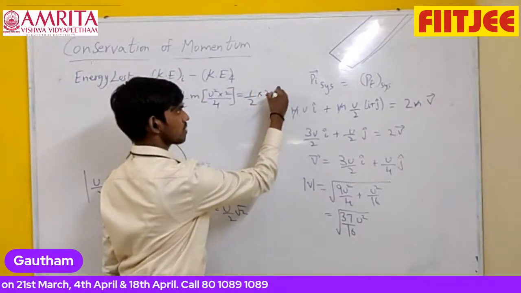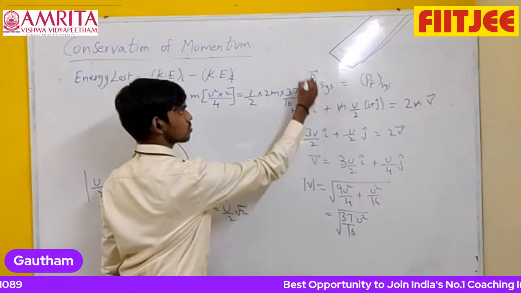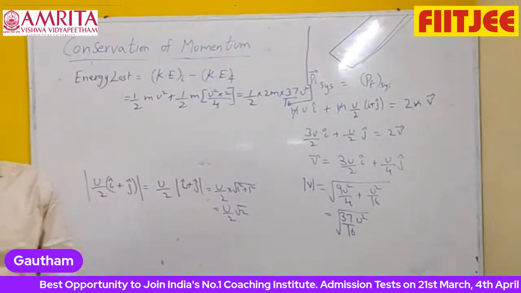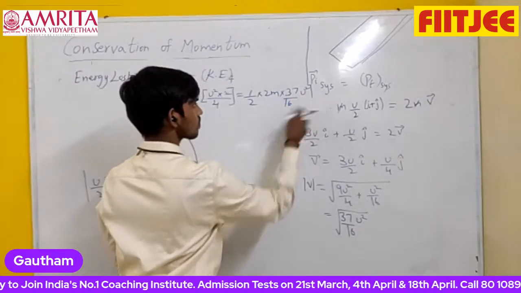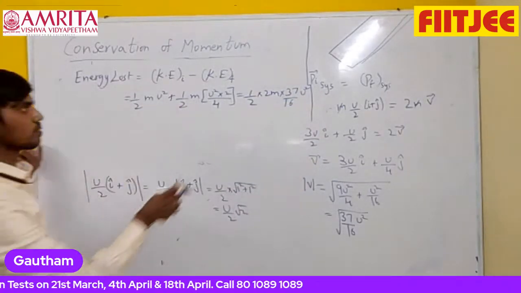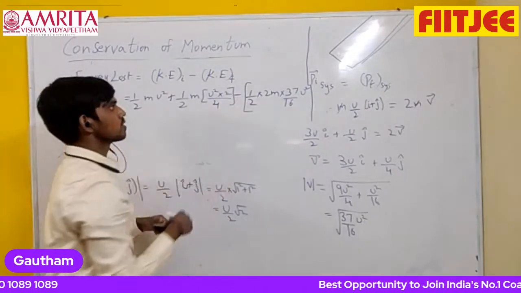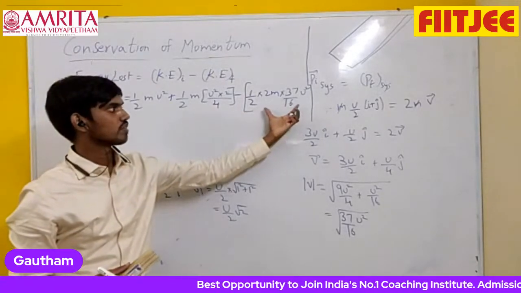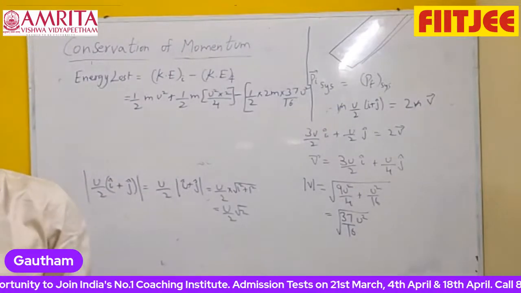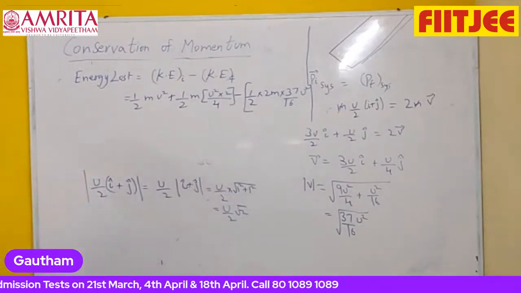So half into final mass into final speed whole square, 37 by 16 u square. Sorry, minus sign, energy is not considered here. So initial energy is this, minus final energy is this. If we solve this, we get the loss in kinetic energy. Okay, so let's look at another question.